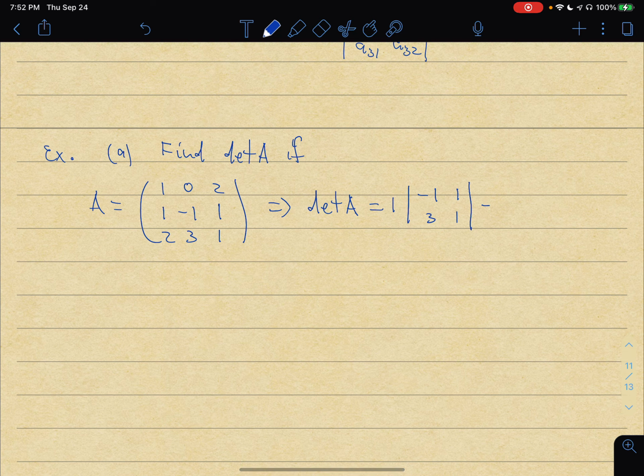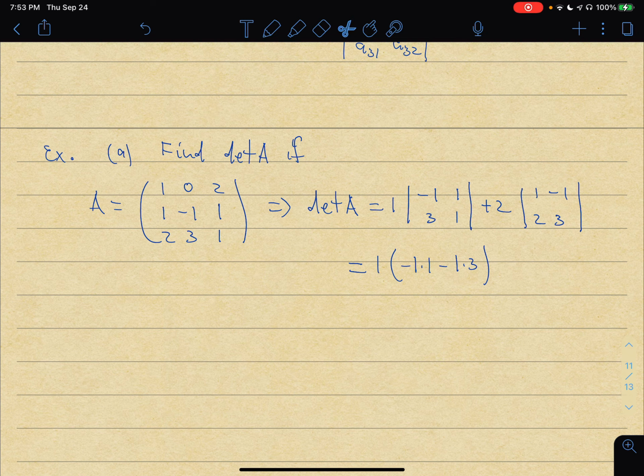So plus 2, right? What are the indices of 2? It's in the first row in the last column. First row index 1, last column index is 3. 1 plus 3 is 4, so then we use a plus sign. So 1, minus 1, 2, 3. And so this determinant then is going to be 1 times minus 1 times 1 minus 1 times 3, right?